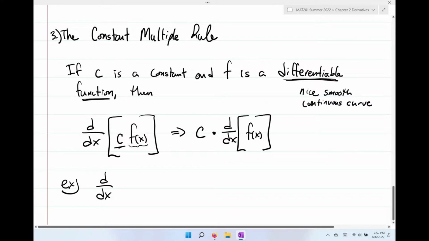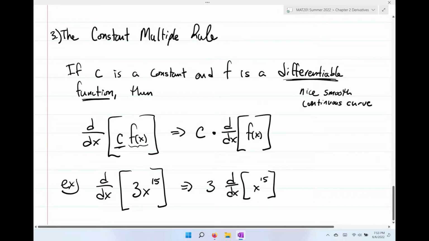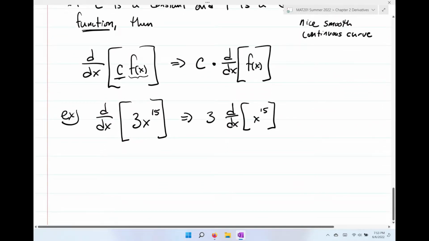Let's say I wanted to find the derivative of 3x to the 15th. Okay? Well, technically, what I can do is this. I can say, I'm going to take that constant multiple, put it out front of my derivative operator. I'm going to focus on finding the derivative of x to the 15th, which is going to be 15x to the 14th.